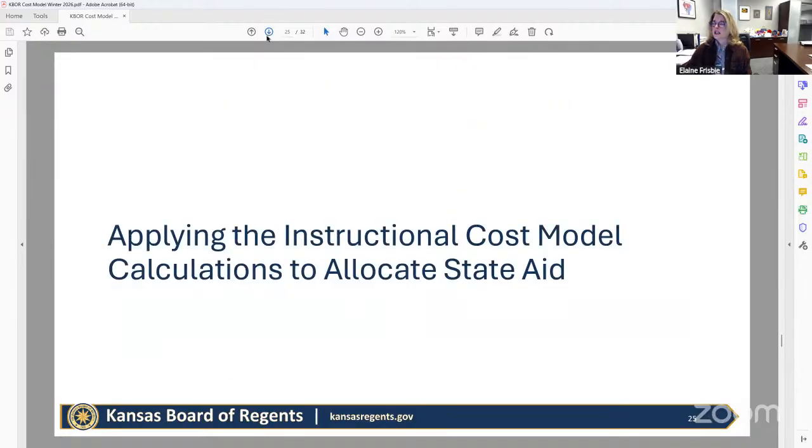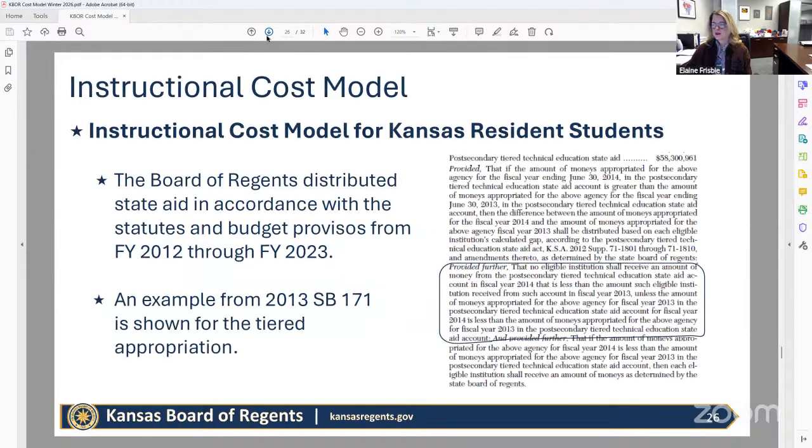And then applying the cost model calculations to the state aid. Just as a reminder, of course, the application of this cost model began many years ago. And for many years, many of you will recall, we had a gap in state funding. We would calculate the state share of costs for the tiered colleges, but the legislature did not fully fund that.